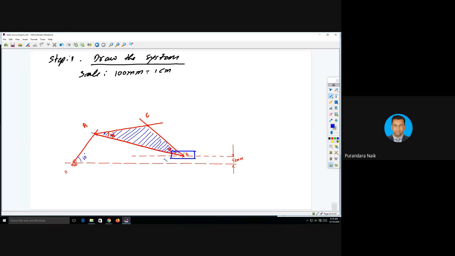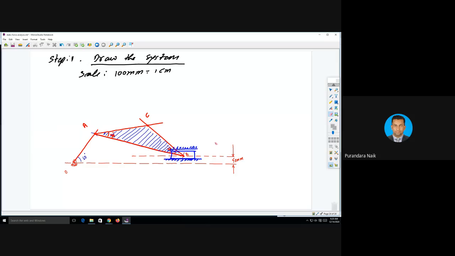The piston is sliding over the surface. Right? This is what the figure looks like.